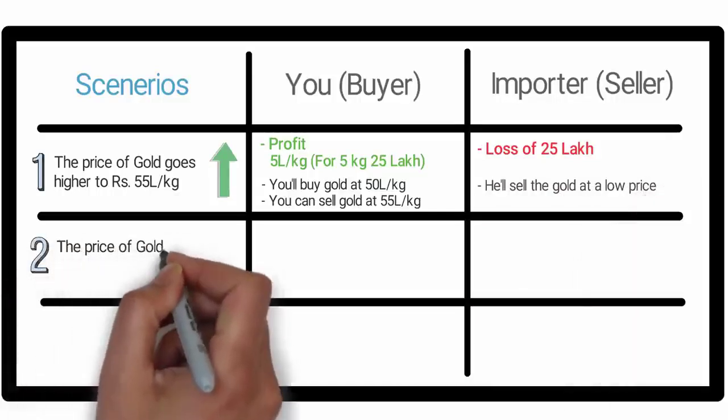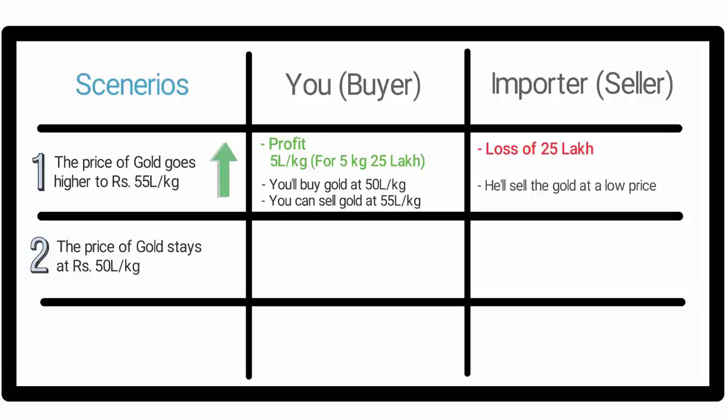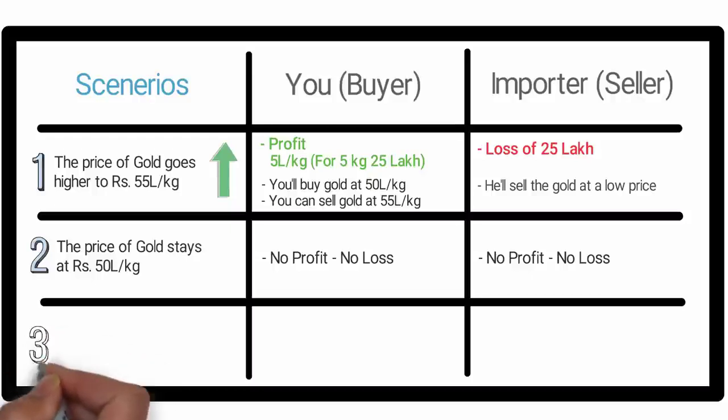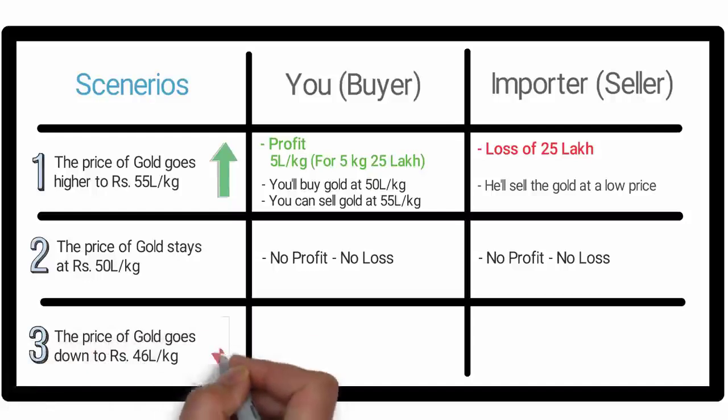Scenario number 2. The price of gold stays at 50 lakh per kg. In this case, nobody will make any profit or loss, as the price remains the same on both dates. Scenario number 3, the price of gold goes down to rupees 46 lakhs per kg.